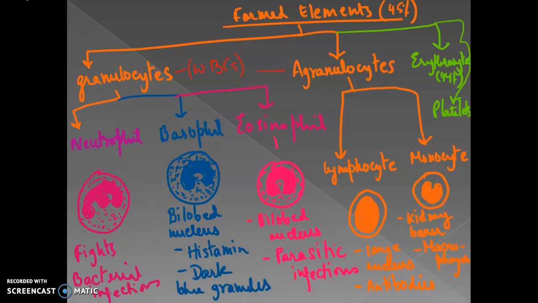Now, granulocytes, as the name indicates, are cells that have granules in their cytoplasm, and when stained with specific dyes, the granules are very, very prominent and visible. That's why they are called granulocytes. The agranulocytes, on the other hand, do not show the granules.